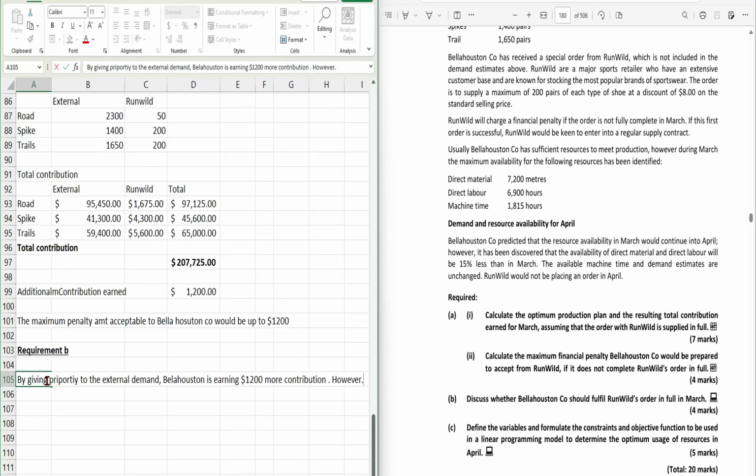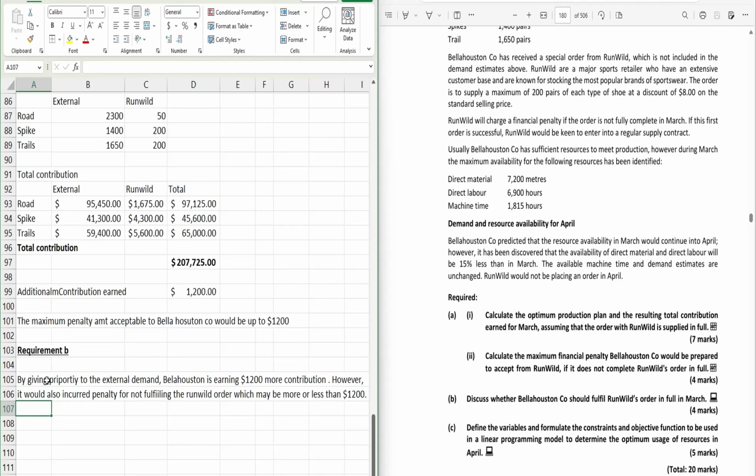However, it would also incur a penalty for not fulfilling the Run Wild order, which may be more or less than 1200, because we don't know how much penalty will arise. So the maximum penalty that we can bear is 1200, but it could be more or less, we don't know, right?